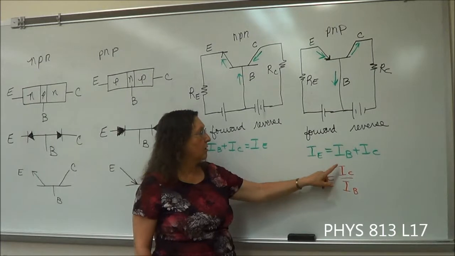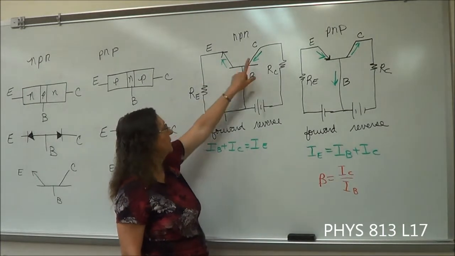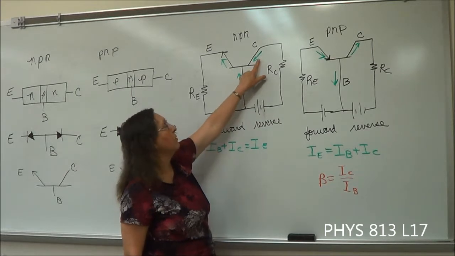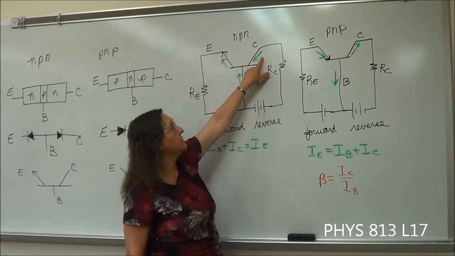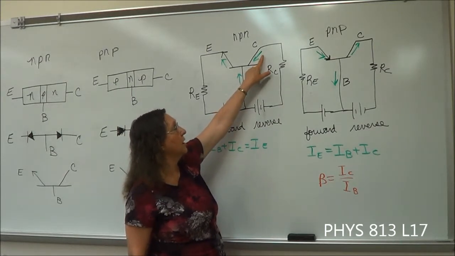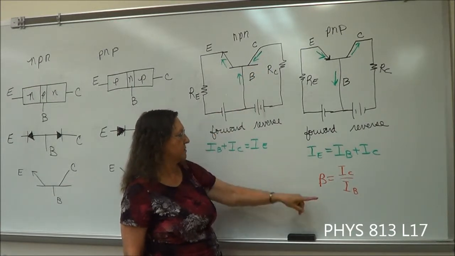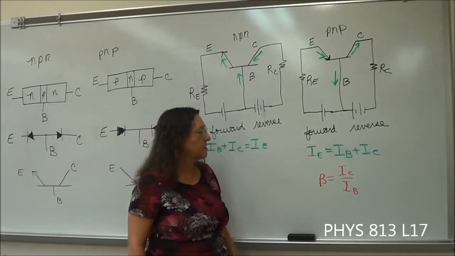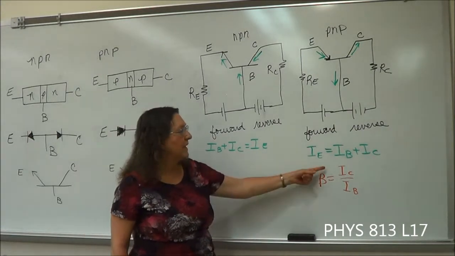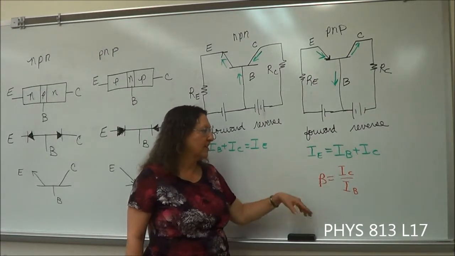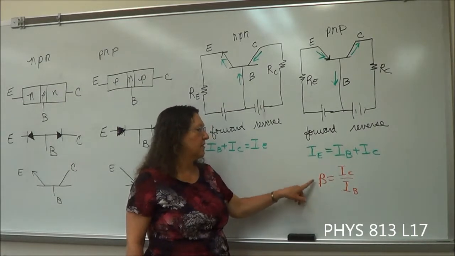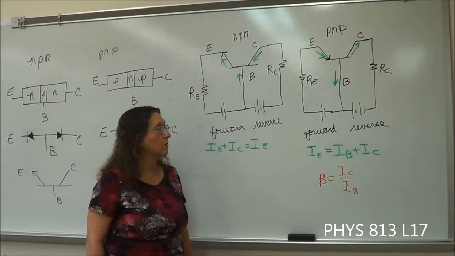And the ratio, you will also have a large collector current. So this is really what I wanted here. So this ratio of collector to base, if you can get a large collector relative to the base currents, then you have a rather large beta.